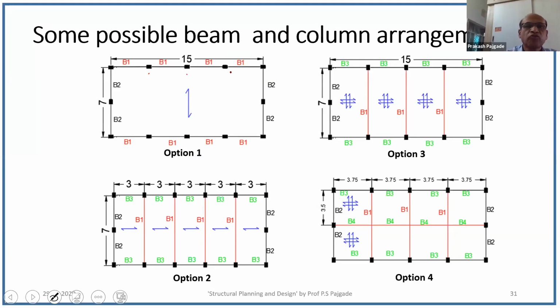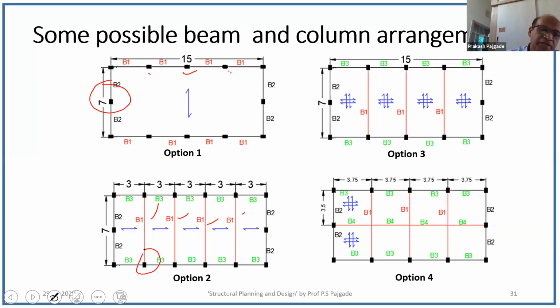So here for first option, I have shown the number of columns, and then in this panel also intermediate column will be provided. Then for option 2, positions of beams are shown. The orientation of column is also important.